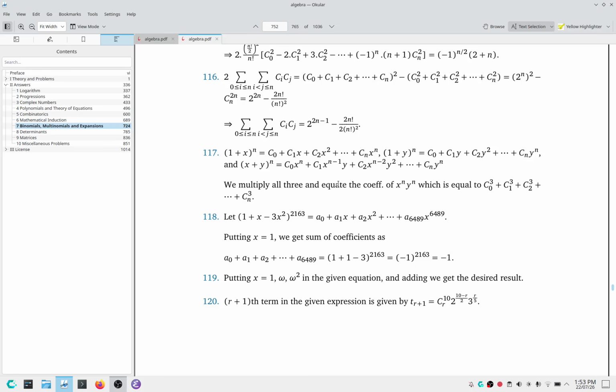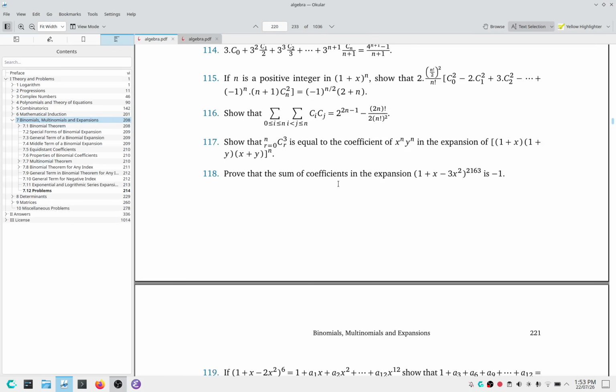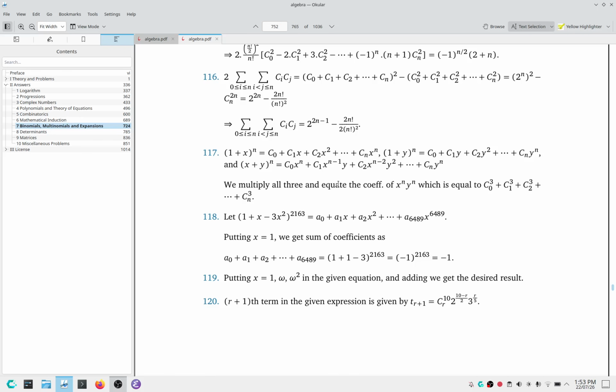Now, let me look at this a bit carefully. So we multiply this. Let's take the coefficient of x to the power n, y to the power n. So one coefficient will be C0, C0, and CnYn.